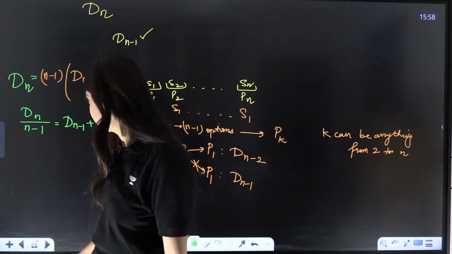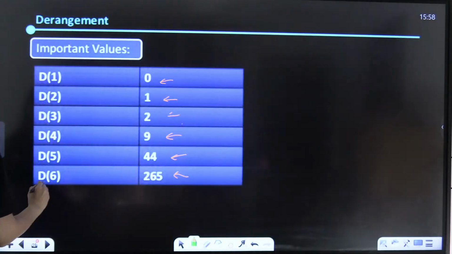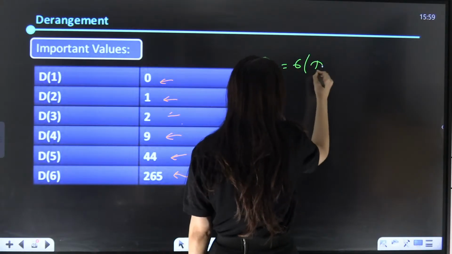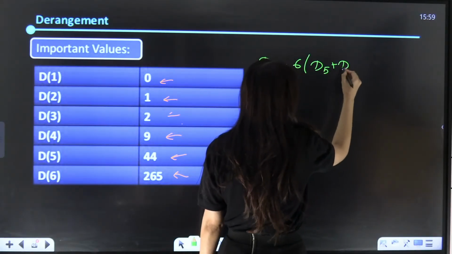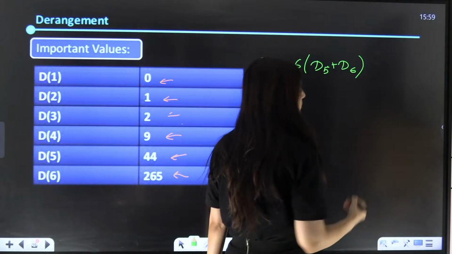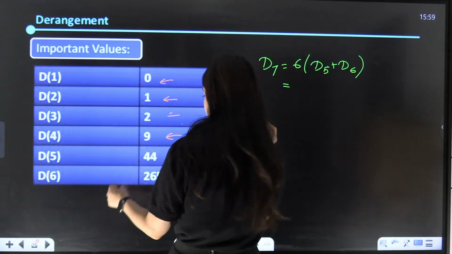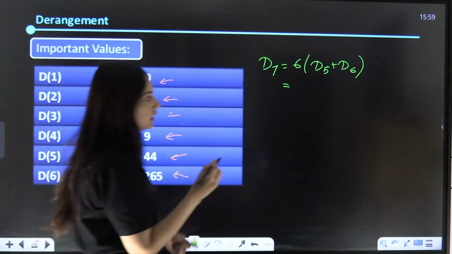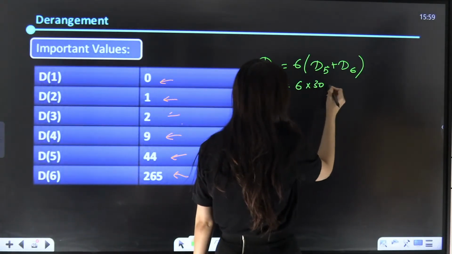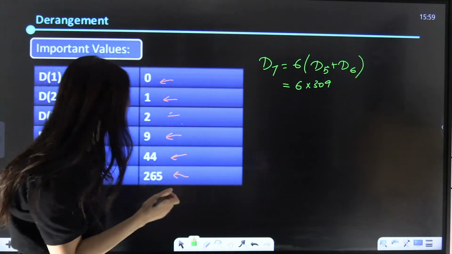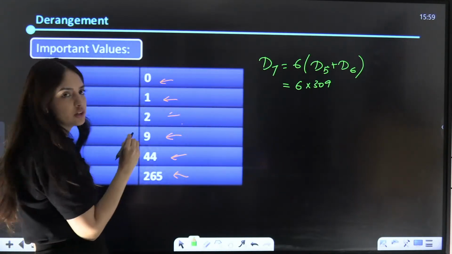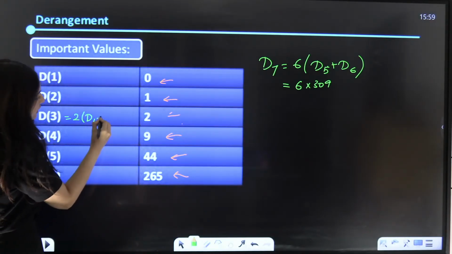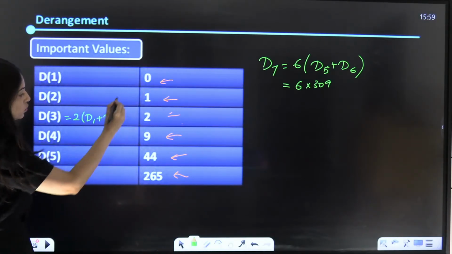So for example, now we know if we just need to calculate D7, we just do 6 times D5 plus D6, that is 44 plus 265, 309. So 6 into 309. If you want to verify, you can verify. D1 is 0, D2 is 1, D3 will be 2 times D1 plus D2, 0 plus 1, into 2.